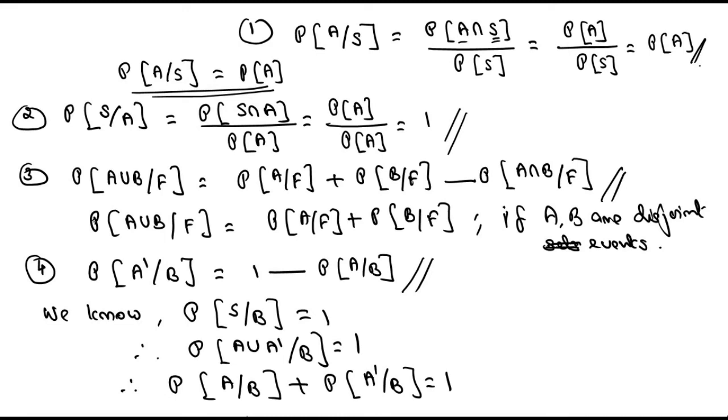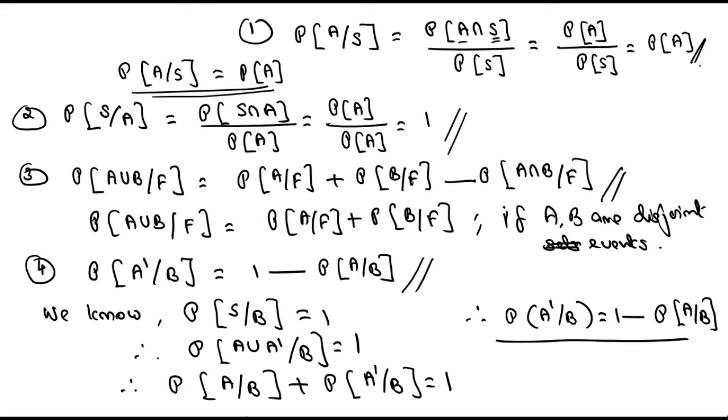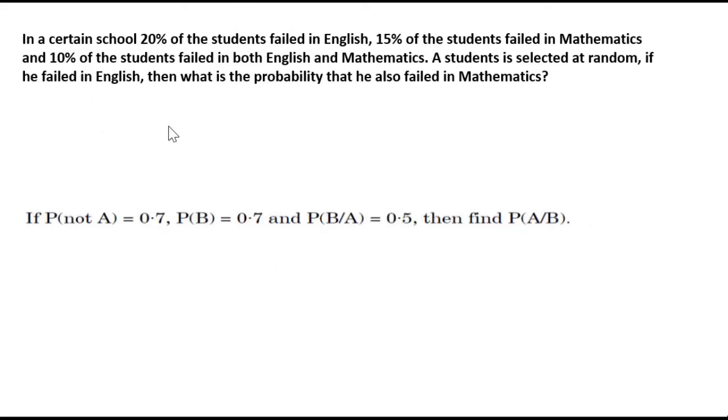Therefore, probability of A complement given B, taking A given B to the right hand side, equals 1 minus probability of A given B. So this is the property. Now see the first question.